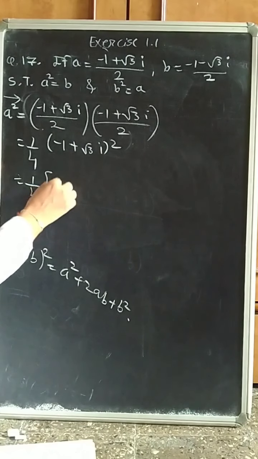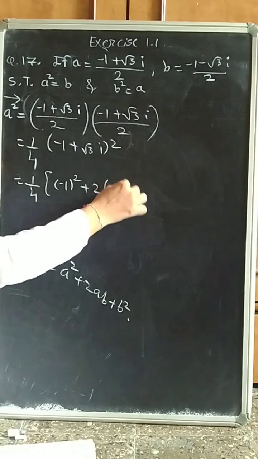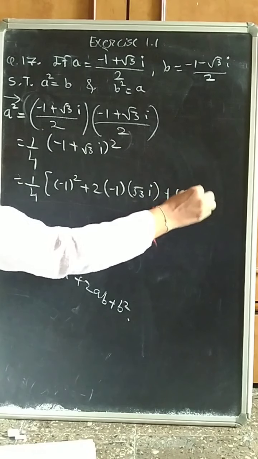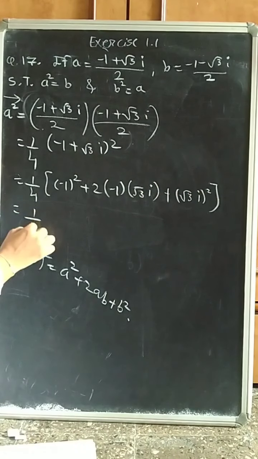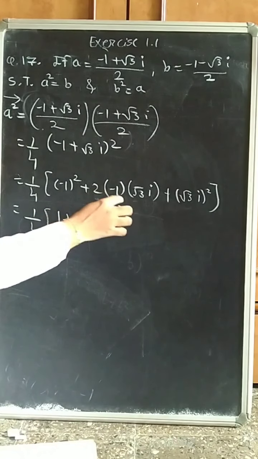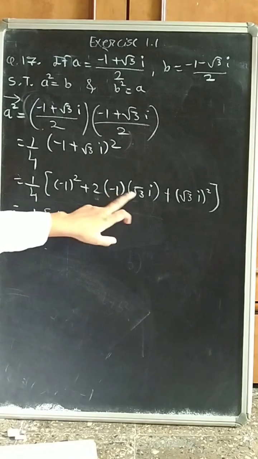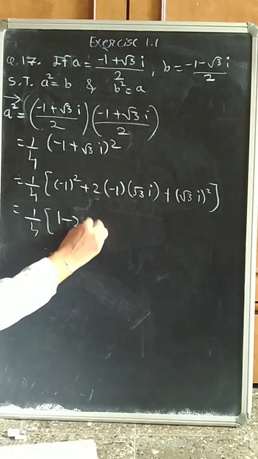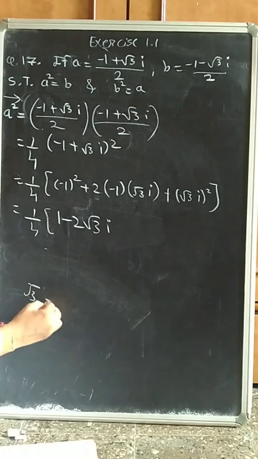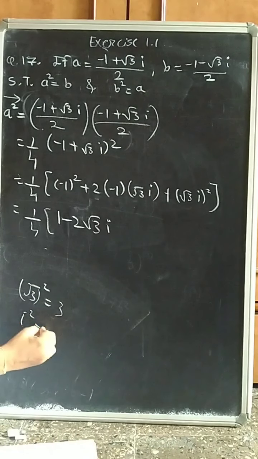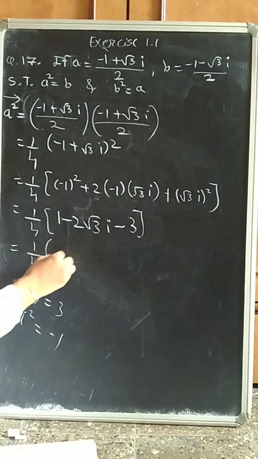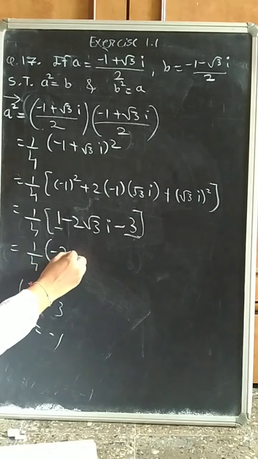Okay, here our a is -1, so -1 square plus 2 into a is -1, b is √3i plus √3i square is equal to 1 by 4 into -1 square 1, 2 into -1 -2, -2 into √3 is -2 √3i, and √3i चा square, √3 square is 3 and i square is -1, so this is -3. Okay, now 1 by 4, 1 minus 3 real part, -2 √3i.